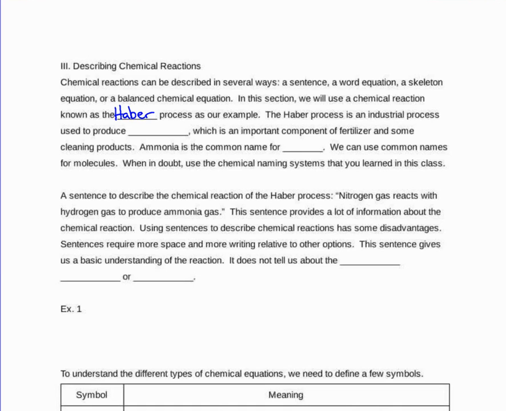So we're describing chemical reactions. Chemical reactions can be described in several ways. It could be a sentence, a word equation, a skeleton equation, or a balanced chemical equation. These are all possibilities. They all have their pluses and minuses. So we're using the Haber process as our example. It's an industrial process used to produce ammonia.